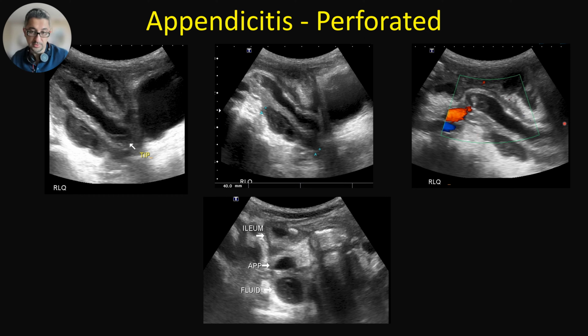And there is no hyperemia, as you can see here. And this image is very demonstrative. That's the thickened ileum, secondary inflammation of the ileum. Appendix is still distended, and there is this complex fluid collection.